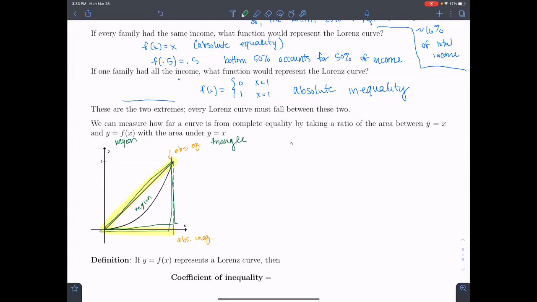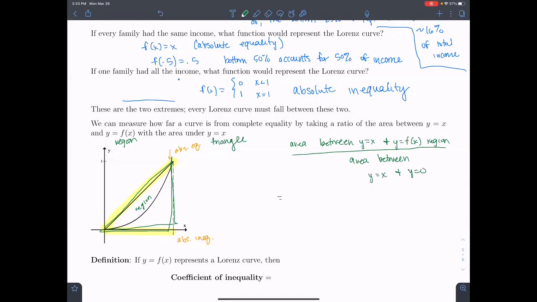You take the ratio of the area between y equals x and y equals f of x. That's your region here. And you're going to divide it by the area between y equals x, absolute equality, and y equals 0.